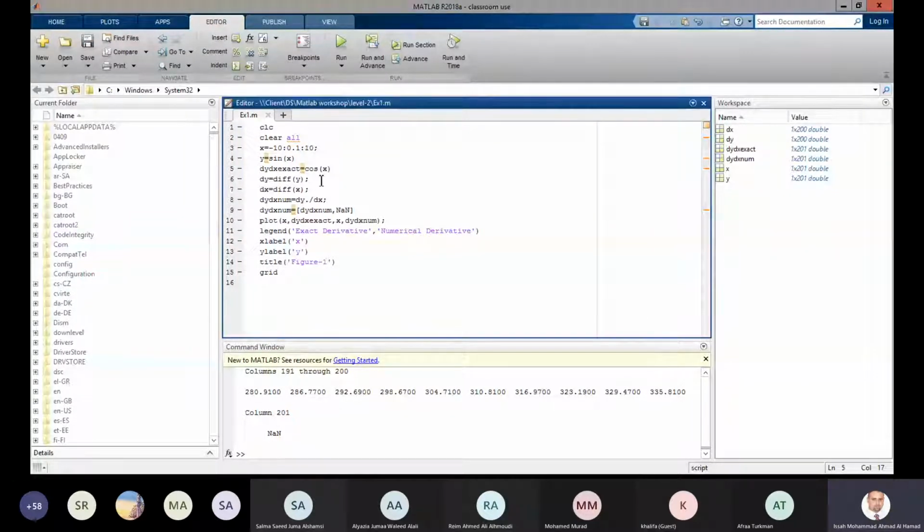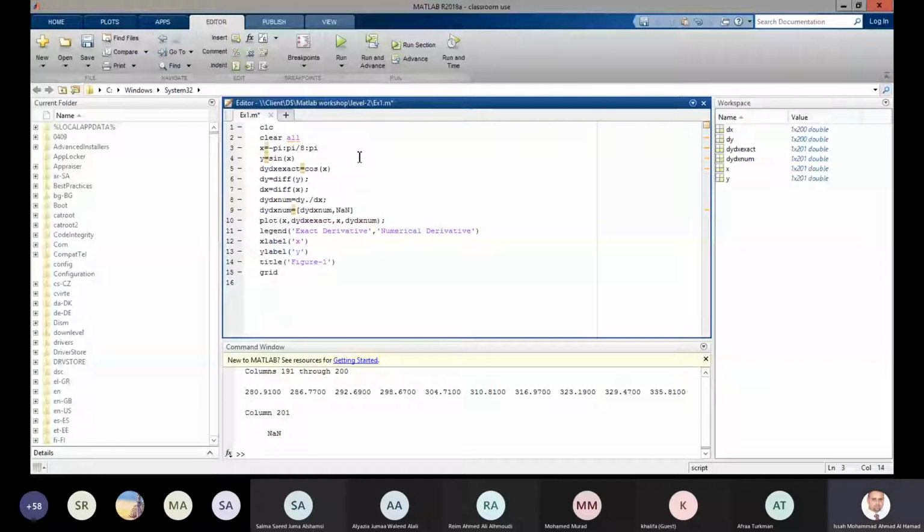Now let me change this from minus pi, with an increment of pi over 8, for example, up to pi.